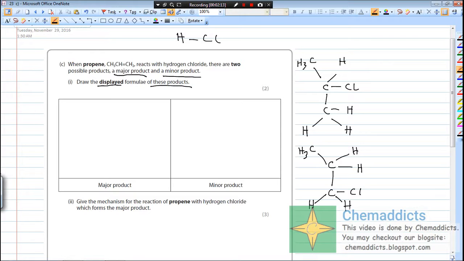So why does this reaction produce two possible products? Well, as you can see, this is an asymmetric alkene. So these products are formed from asymmetric alkenes. When alkenes are asymmetric, this forms from the asymmetric alkene, from this particular molecule.